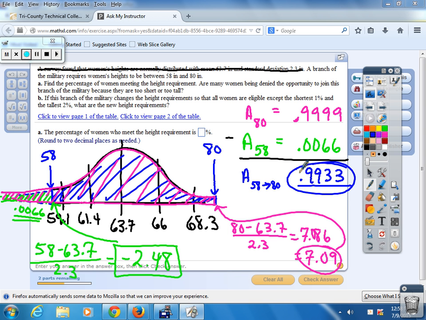And that is the area between 58 and 80 inches. So, how many meet that requirement? 99.33%. So you put 99.33.